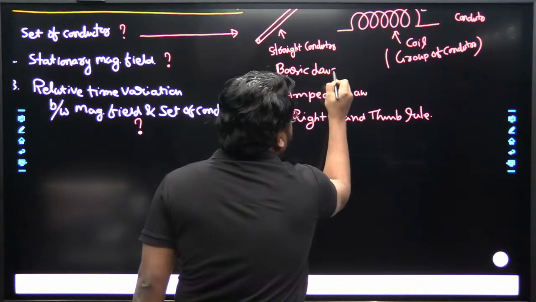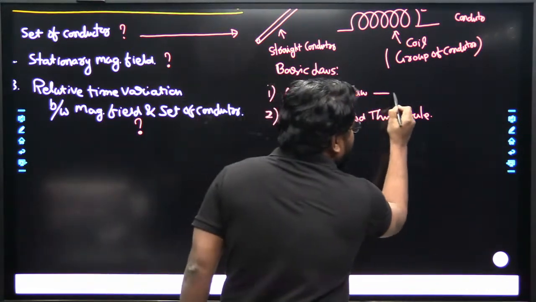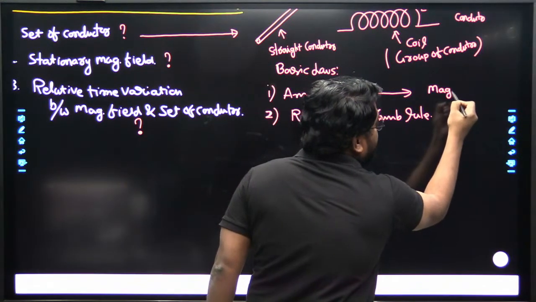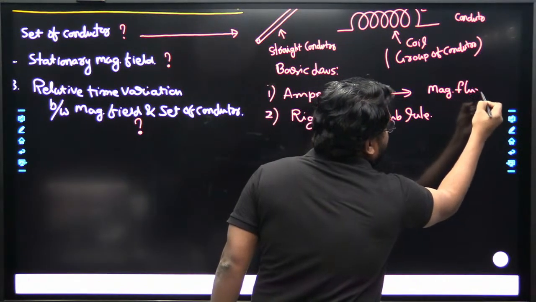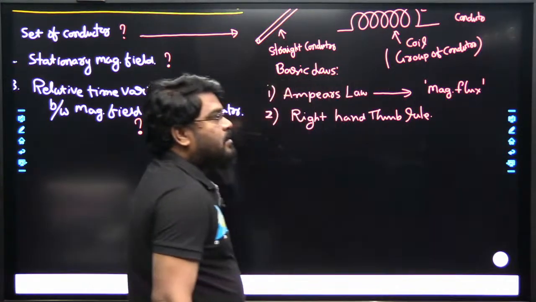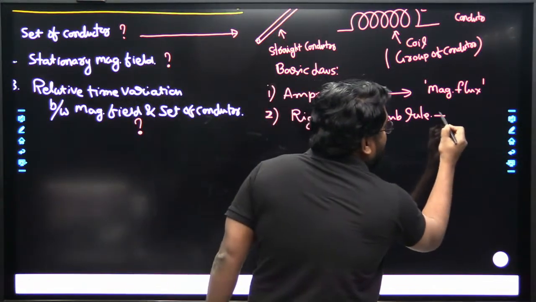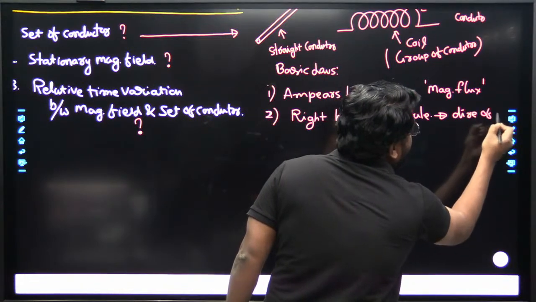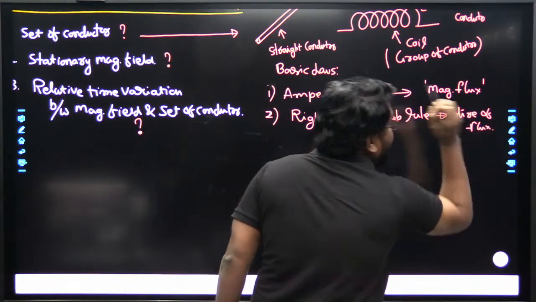Ampere's law gives only the magnitude of the flux. And the right hand thumb rule lets you find out the direction of the flux in the magnetic field.